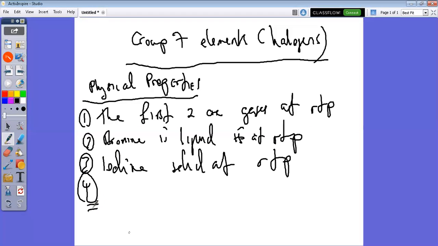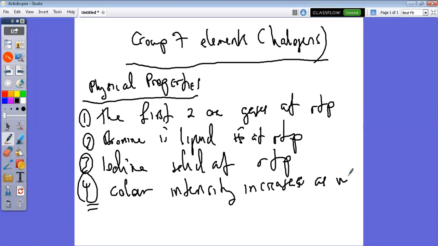Then the other thing that you need to know is the color intensity. Color intensity increases as we go down the group.